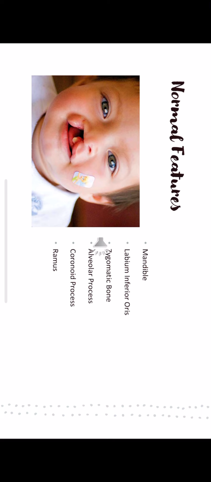This cleft lip is really focusing in on the superior part of the jaw, or maxilla. It's really not looking at the mandible whatsoever. The labium inferior oris, which is this inferior portion down here of the jaw or mandible, is really just down here, and there's nothing wrong with it.